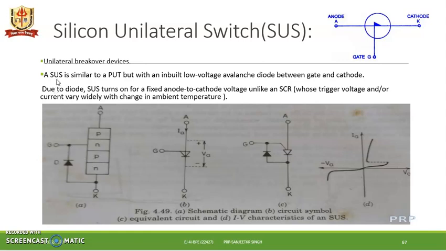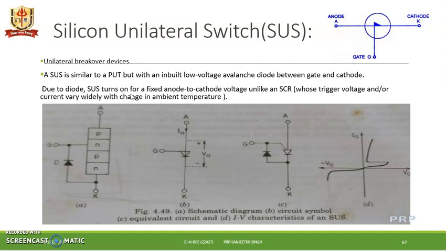So SUS is similar to PUT but with an inbuilt low voltage avalanche diode that we are seeing here, and due to this diode it will have a fixed anode to cathode breakover voltage, unlike the SCR where the trigger voltage and or the current vary widely with the surrounding temperature.